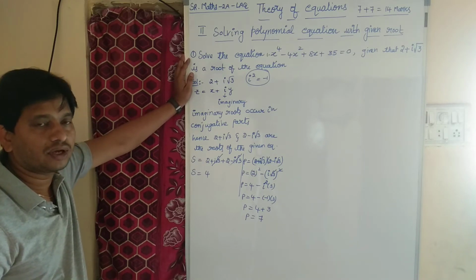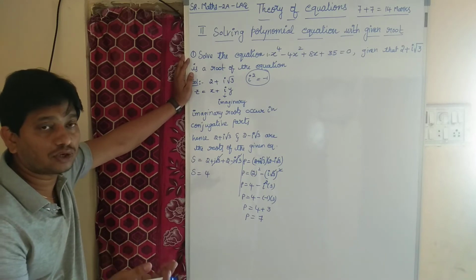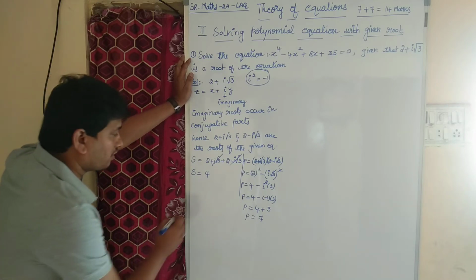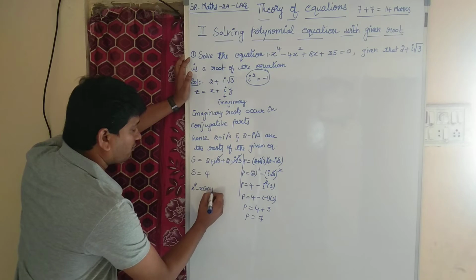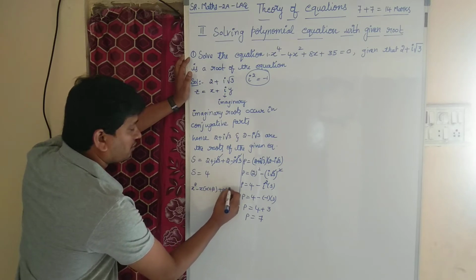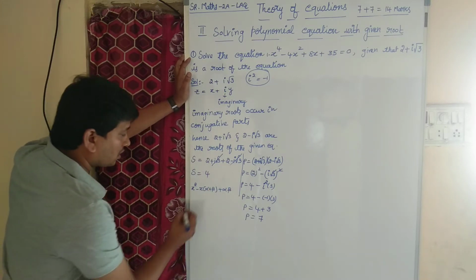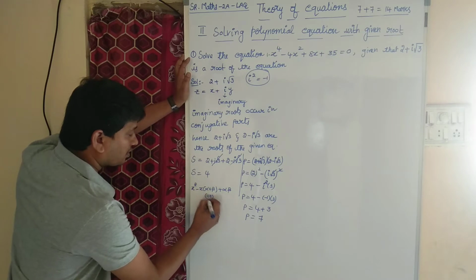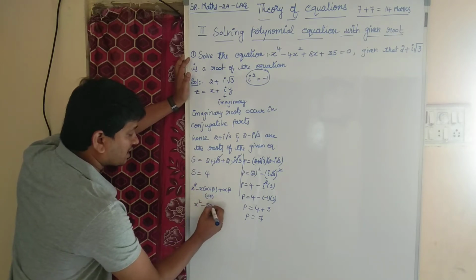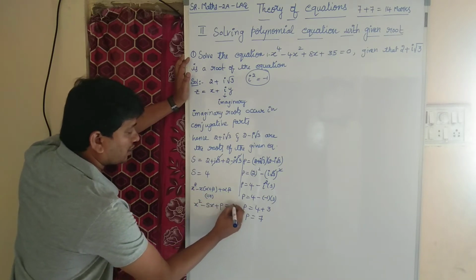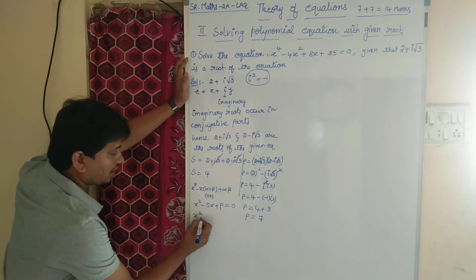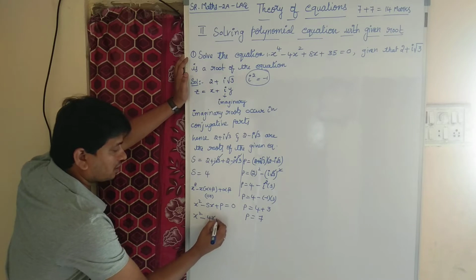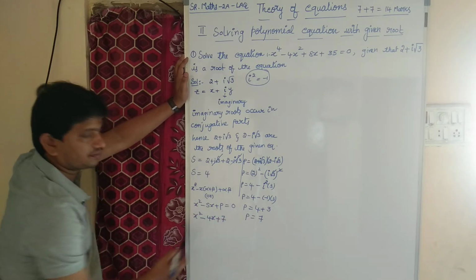So as we got sum equal to 4 and product equal to 7, how do we frame a quadratic equation? If we know the sum of the roots and product of the roots, we have the formula x square minus (alpha plus beta) x plus alpha beta, or we also call it x square minus s x plus p equal to 0. So s we got 4 and p we got 7.